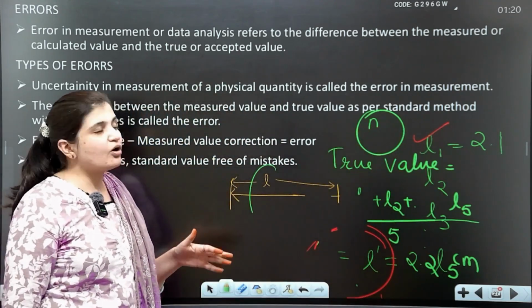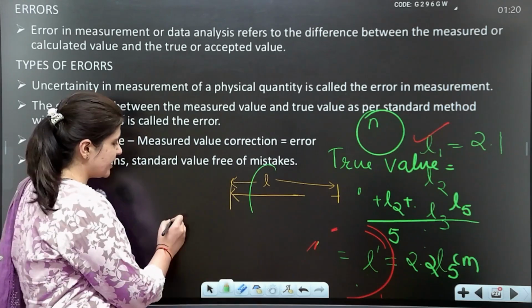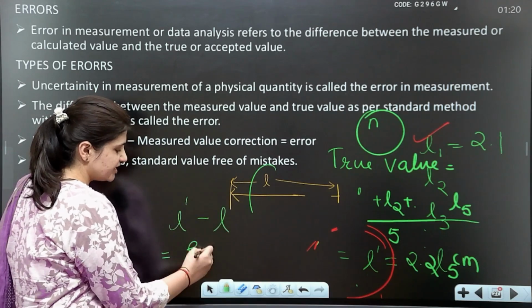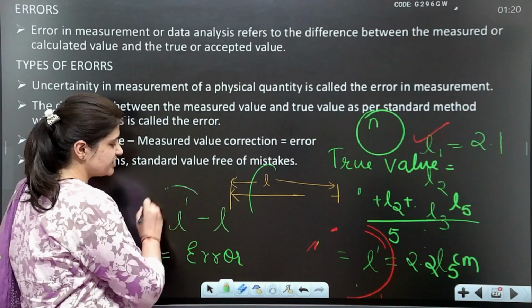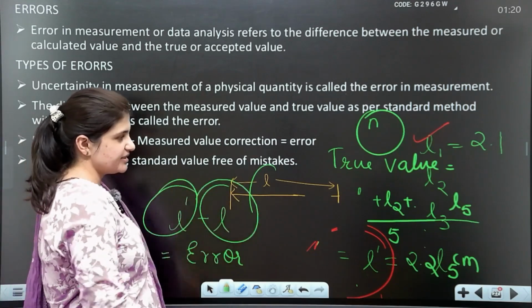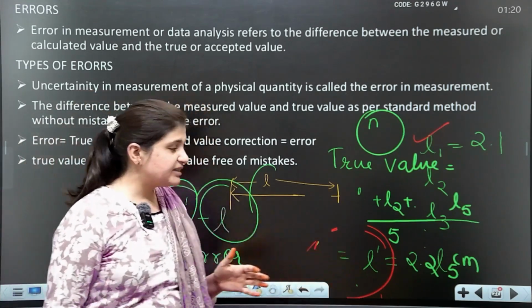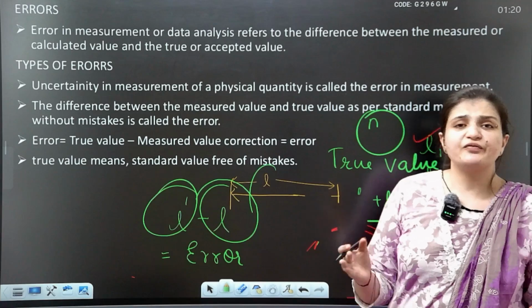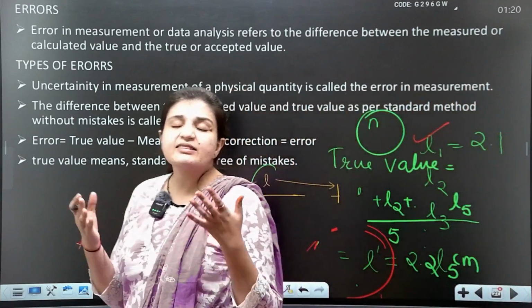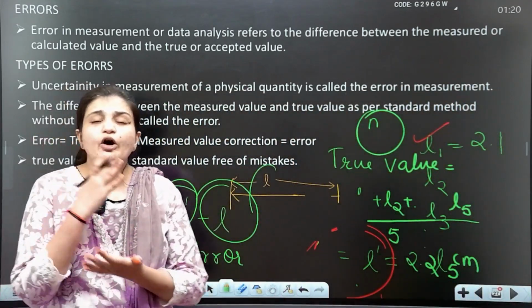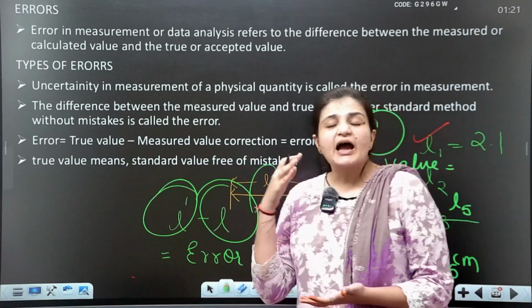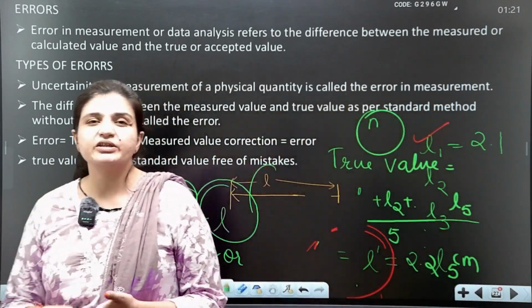So that difference is called the error. What is error? Error is L dash minus L, the difference between the true value and the calculated value. Like what is actually the value of the length of the wire and what is coming out through the experiment.